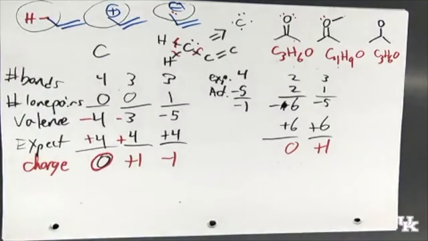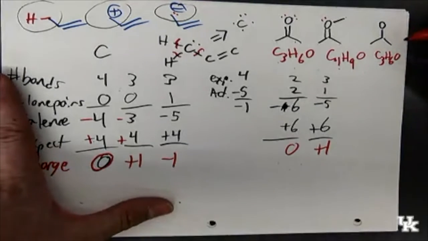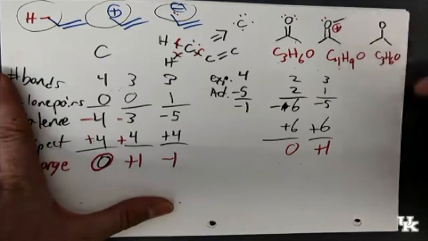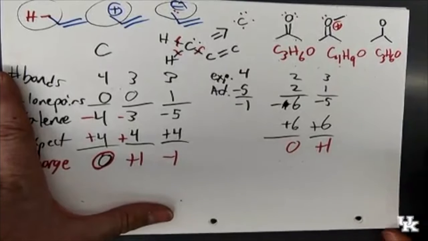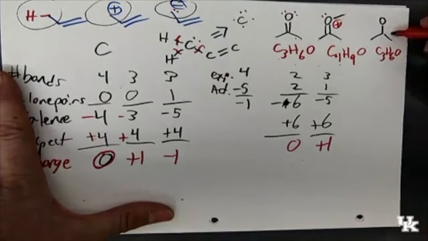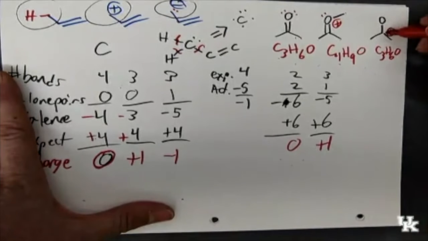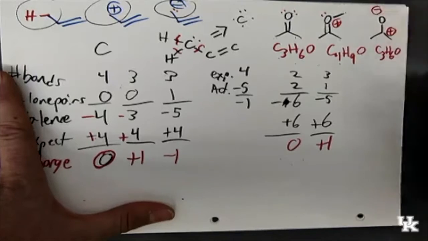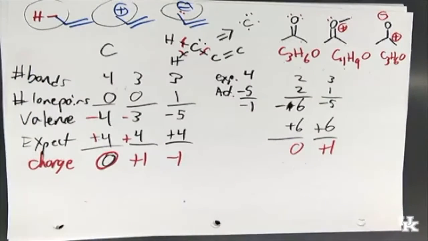Okay? Now, I have given you no charges, so I should do that. Oh, I should have done it here too. That was a dirty trick. I'm sorry. I apologize. In this one, there's a positive charge on the carbon and a negative charge on the oxygen. How many lone pairs am I missing?